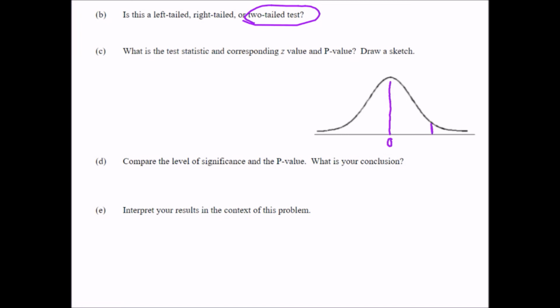Because we're doing two-tailed, that would be -2 and +2, and the area to the left and to the right of those. So our z is 2 and -2. Now the p-value, if you go back to your calculator, it gave us a p-value of 0.045.